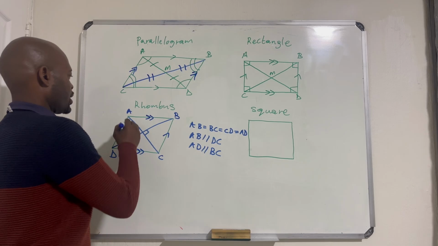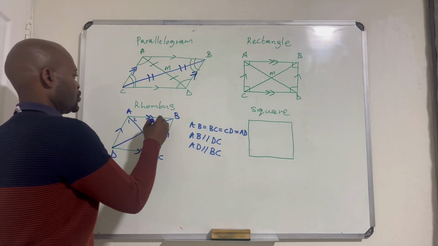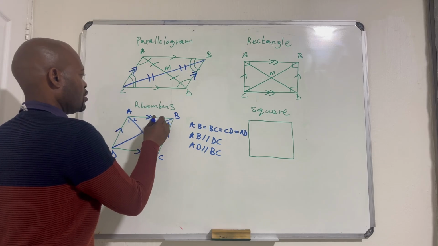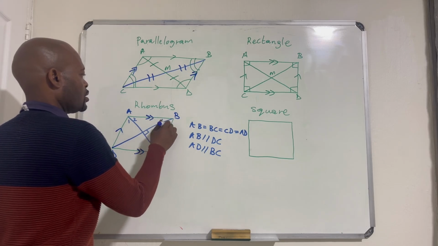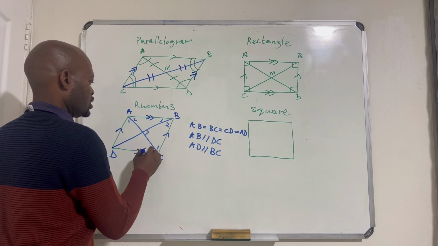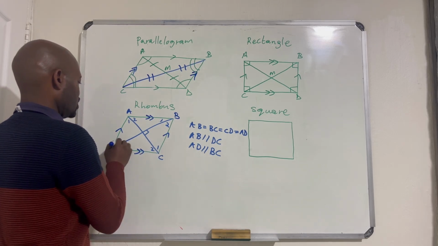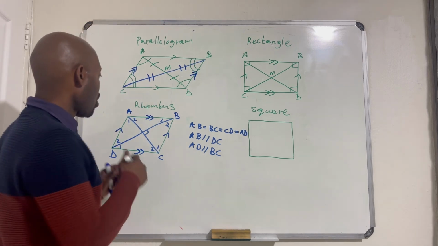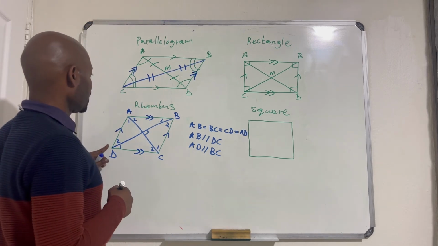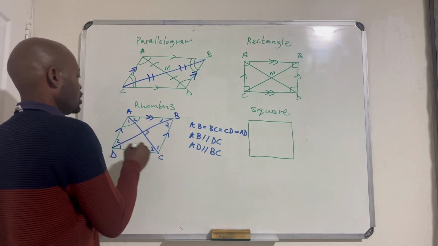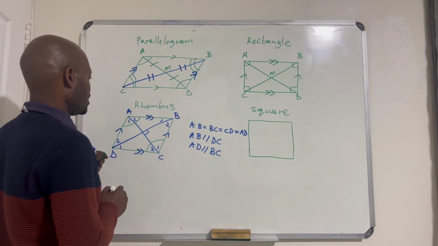Now, if I've got A1, A2, B1, B2, C1, C2, D1, D2. Also, opposite angles are equal. Angle DAB, which is this angle, is equal to that angle.